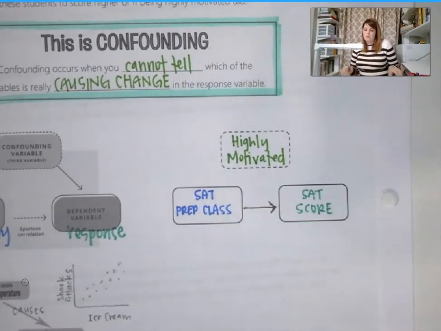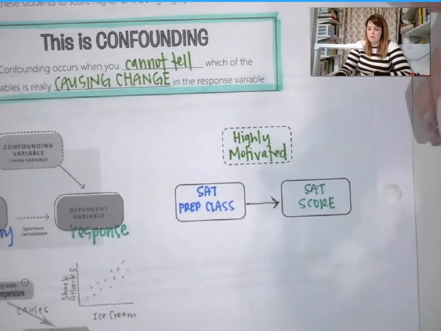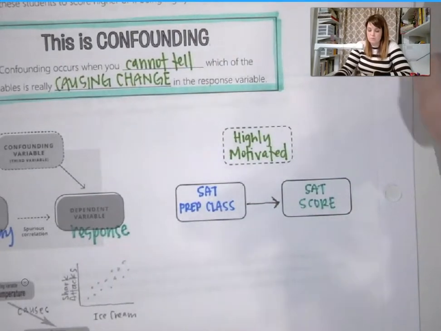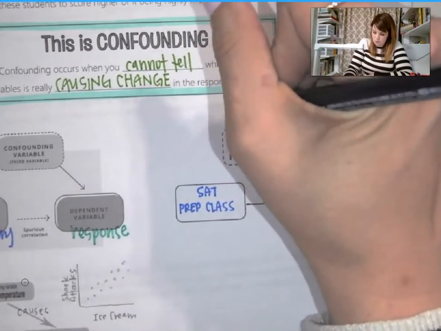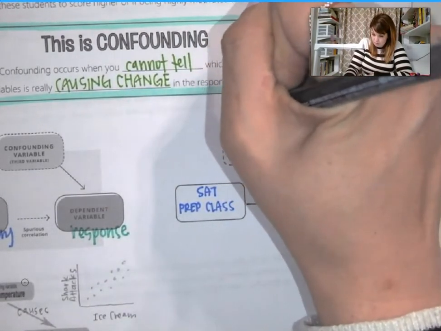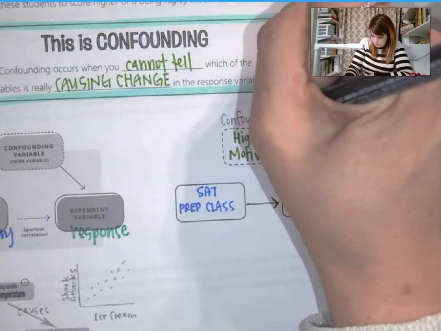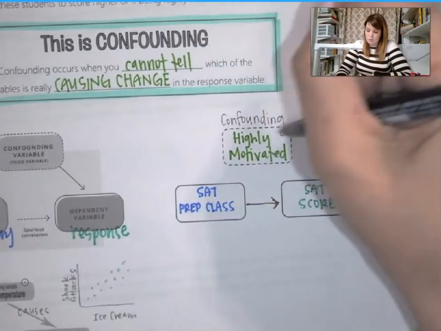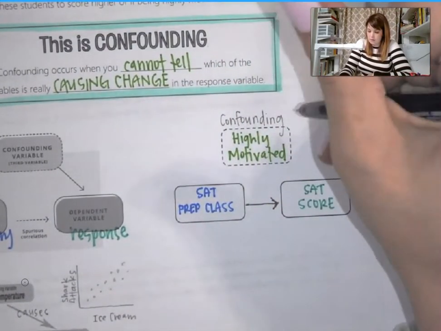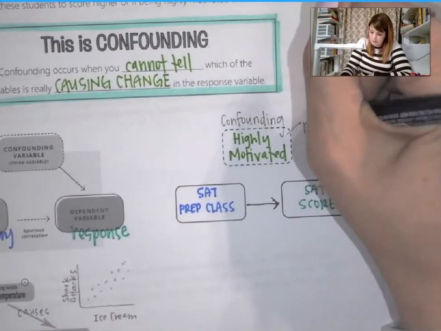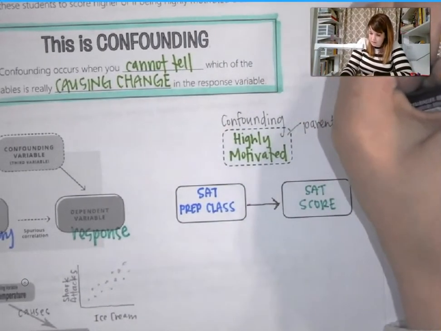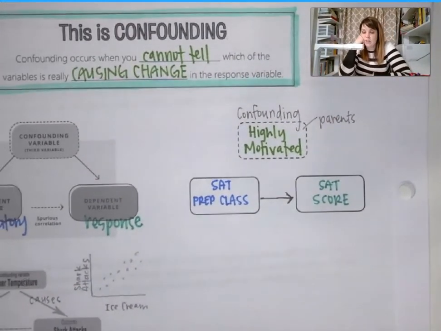Well, let's talk about really quickly what highly motivated really would mean in this case. So this is our confounding variable. Okay, well, what would we consider highly motivated? Maybe their parents are pressuring them to get a high ACT score. So I had a student that graduated last year.